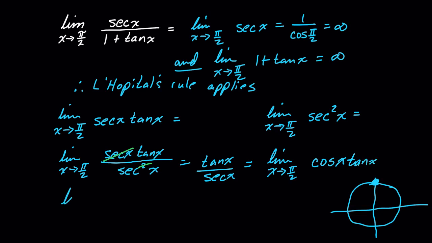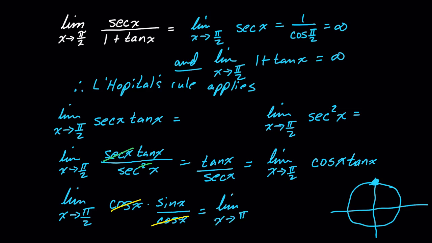Well, we can also use another property here where tangent of x is equal to sine x over cosine x. Well, that allows us to cancel the cosine of x, taking us down to the limit as x approaches pi over 2 of just sine of x, and that is equal to 1.